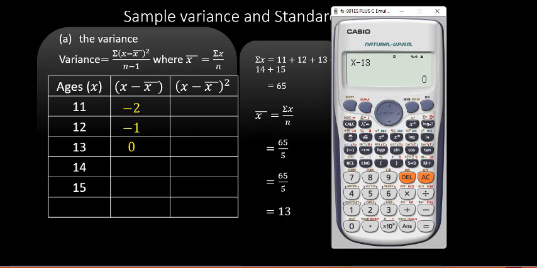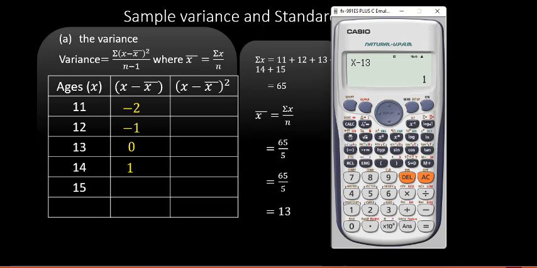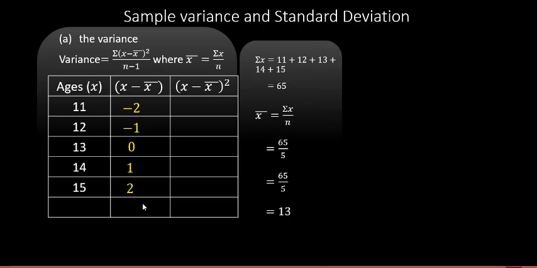Then we move to the next, press calculate, and press 14, and that'll give us 1. Key it there as well, and then key in the last value, which is 15, and that will give us 2, as you can see here.